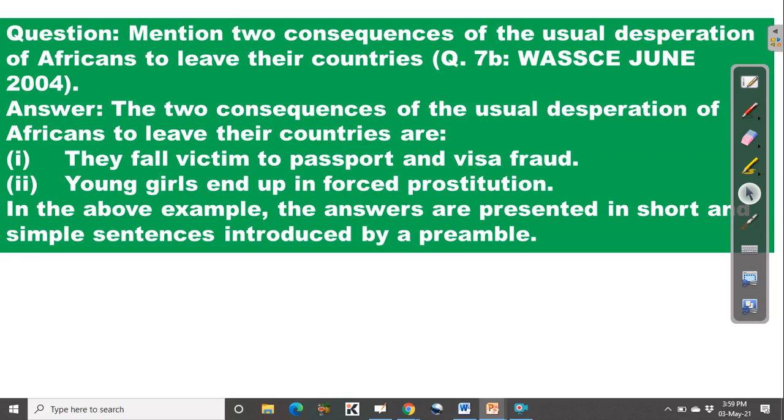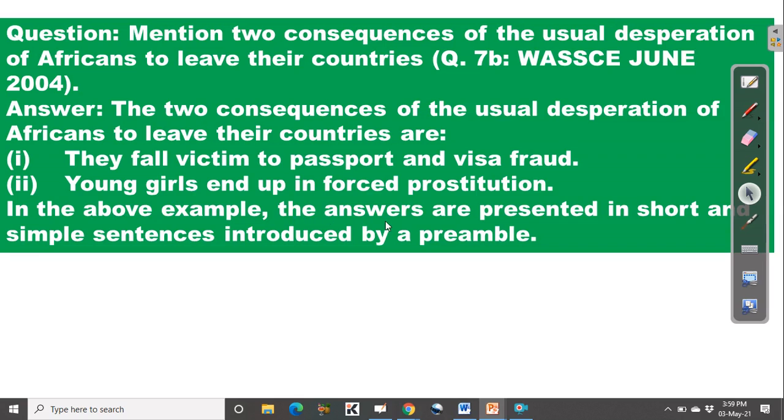You can look for West African Senior School Certificate Examination of June 2004, then read the passage and then read the questions, and you will discover that in the passage you will find this information explicitly stated. That's another example of factual questions.